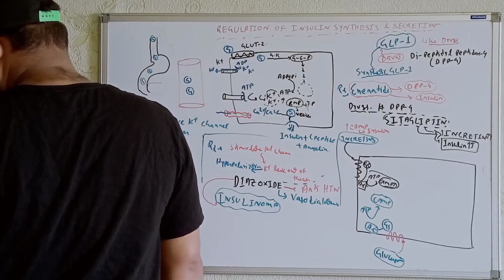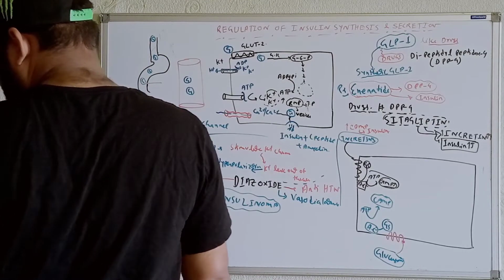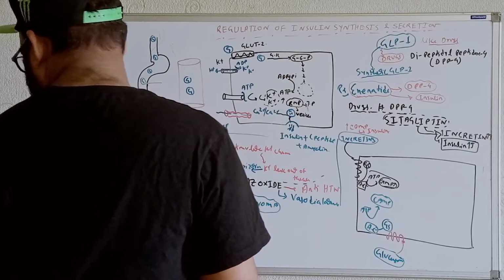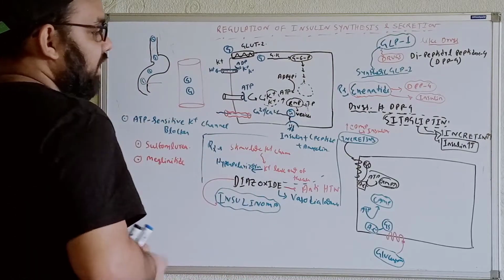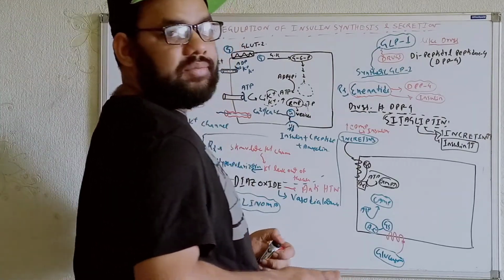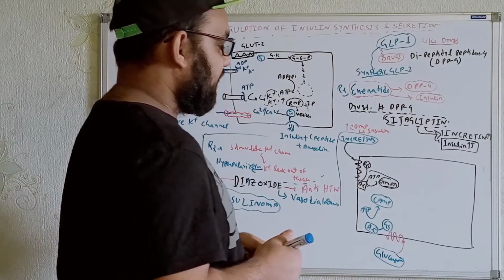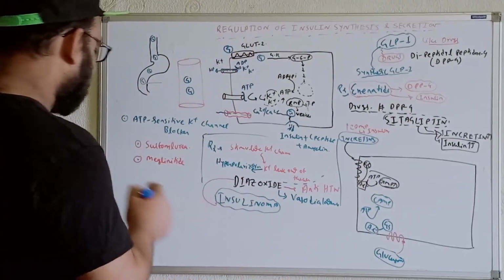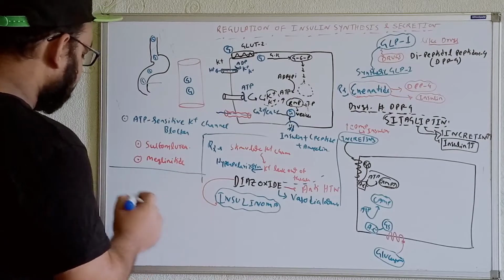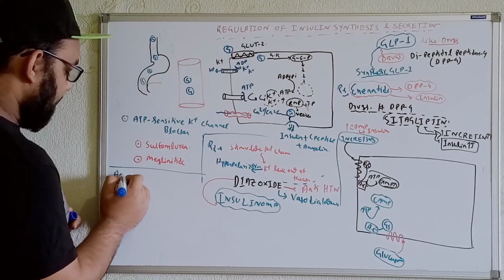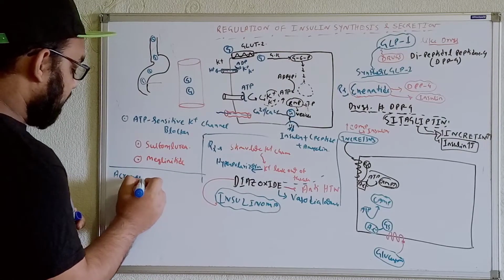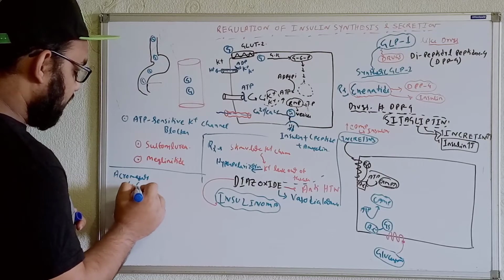Now we will talk about other kinds of hormones. For example, any individual who has acromegaly. Whatever problem we see in acromegaly, there is production of more growth hormone.